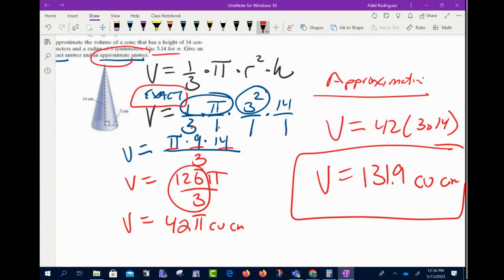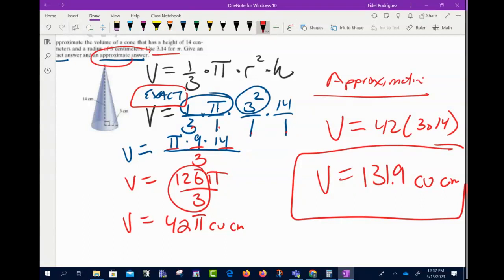Her question is, from this point here, if I plugged in the pi for here, would somebody do me a favor? If you have your calculator, what's 126 times 3.14? Then take that number and divide it by 3, and tell me if you still get 131.9. Yes. You still do. It's still going to work, right?